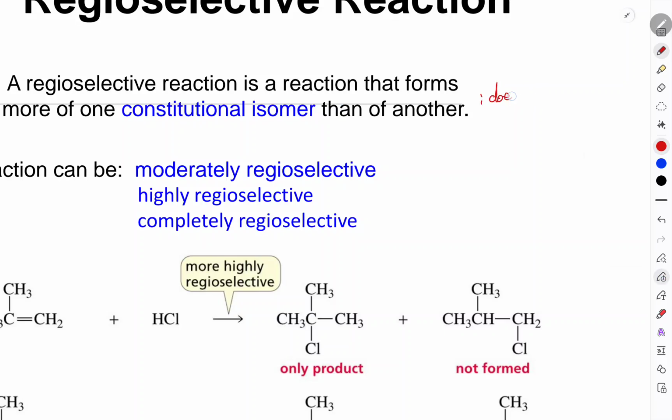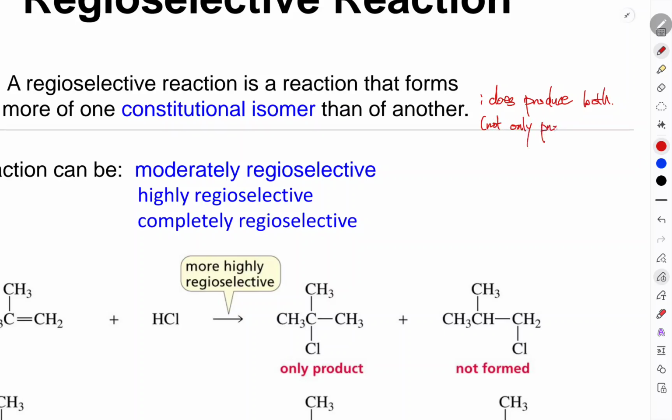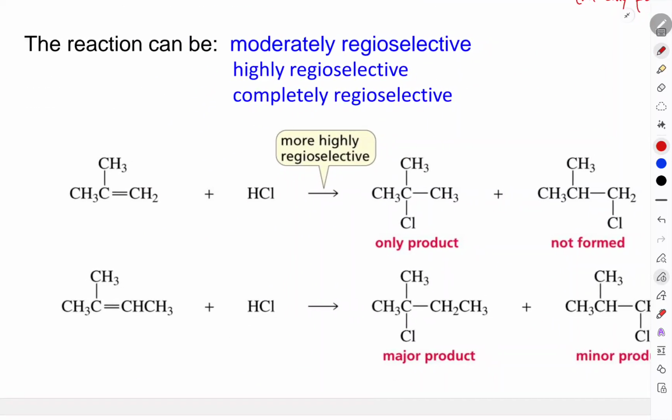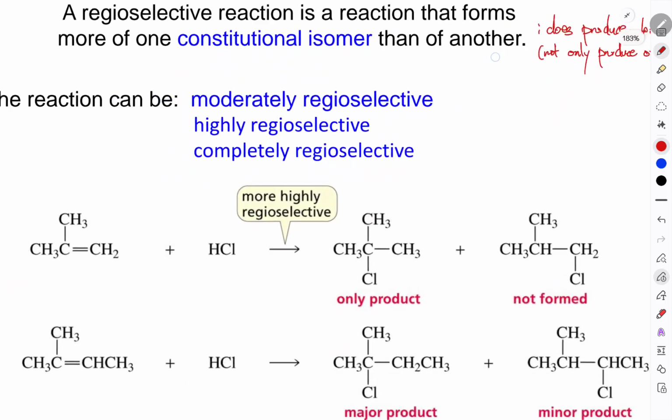But what about the bottom case? You are generating major versus minor. Perhaps in this case you can say highly regioselective, but this is a somewhat subjective expression. What you should remember is regioselective. What does regioselective mean? That means the reaction gives you one constitutional isomer more than another.